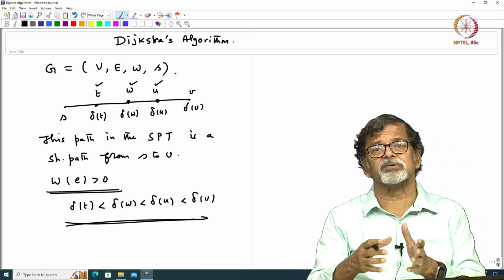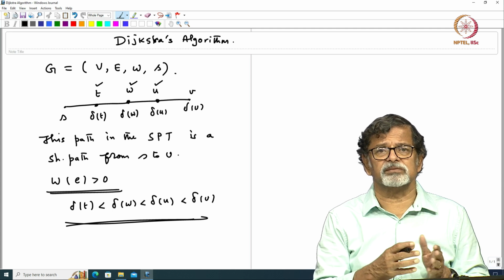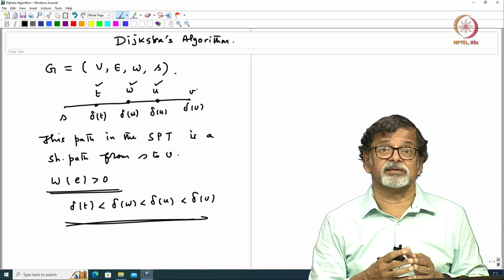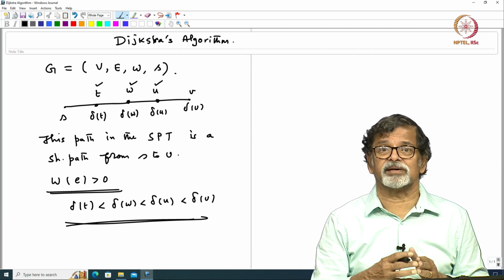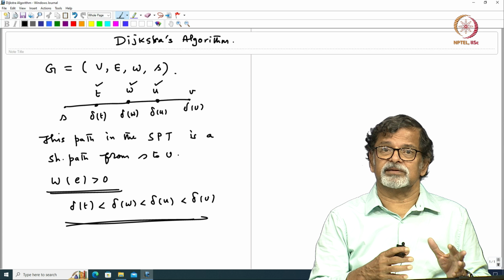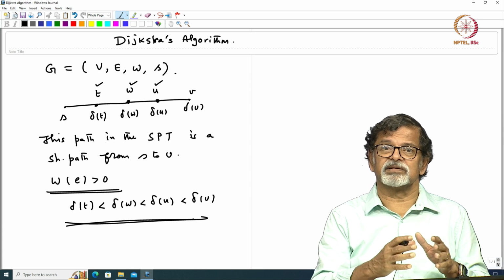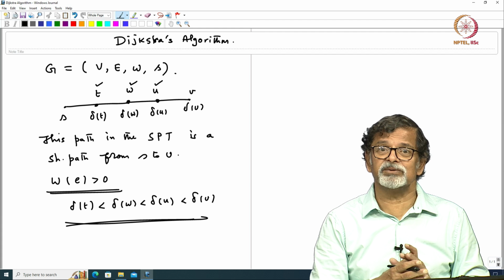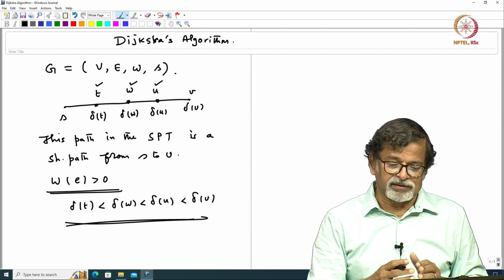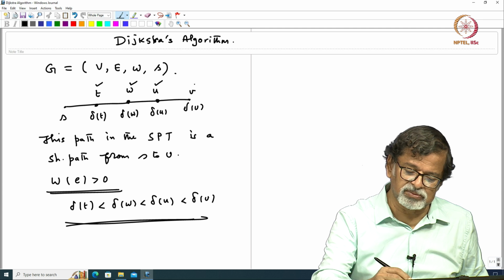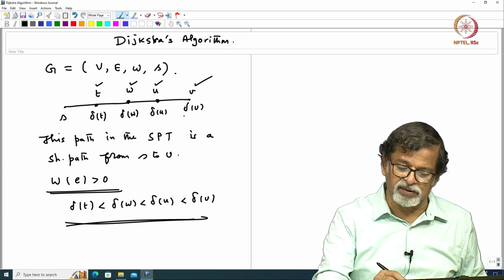Then it is possible to probably find the vertex V and its delta, okay. If we know all the vertices with the smaller delta values and their delta values, then with a kind of an extension we should be able to obtain delta V.